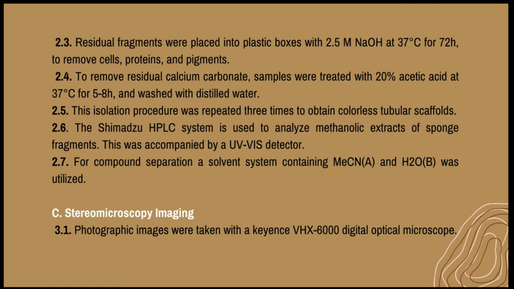Residual fragments were placed into plastic boxes with 2.5 M NaOH at 37 degrees Celsius for 72 hours to remove cells, proteins, and pigments. To remove residual calcium carbonate, samples were treated with 20% acetic acid at 37 degrees Celsius for 5 to 8 hours and washed with distilled water. This isolation procedure was repeated 3 times to obtain colorless tubular scaffolds.